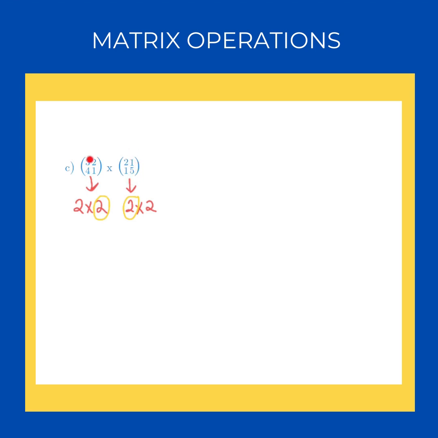So first I multiply 3 times 2, which is 6, and 2 times 1, which is 2. So 6 plus 2 is 8. Then I multiply the first row times the second column. So 3 times 1 is 3, and 2 times 5 is 10. So 10 plus 3, the answer is 13.